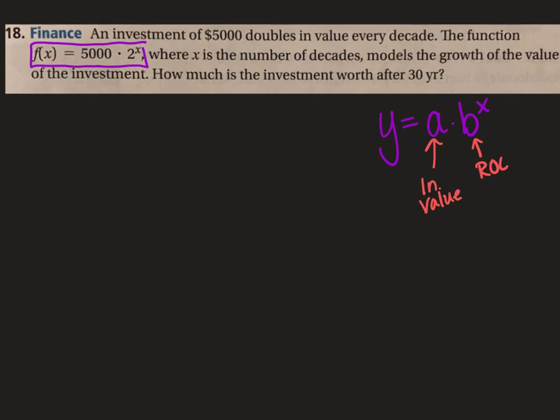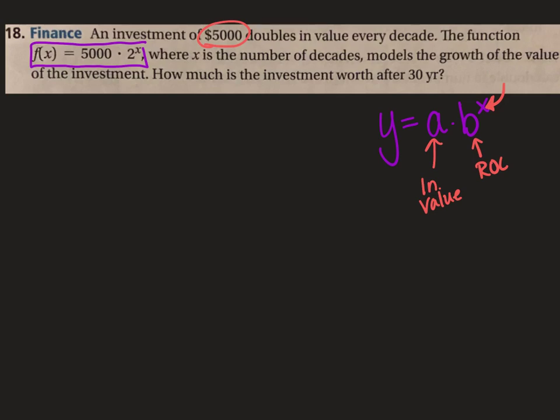But again, when we're trying to figure out what we're going to use as the exponent, you really need to pay attention to how they're breaking down that time. So here they said an investment of $5,000, so that's our initial value.